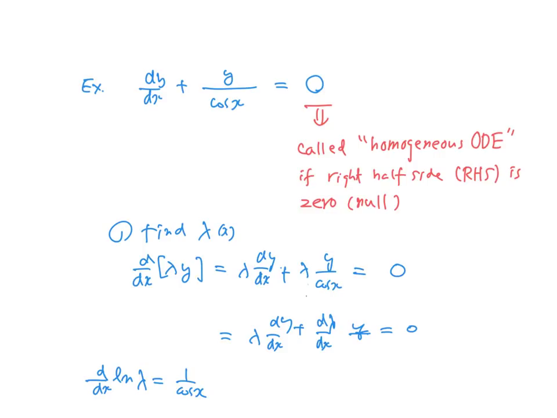Remember that? Secant x is d ln(tangent x plus secant x)/dx, right? We covered this last week. Remember that?